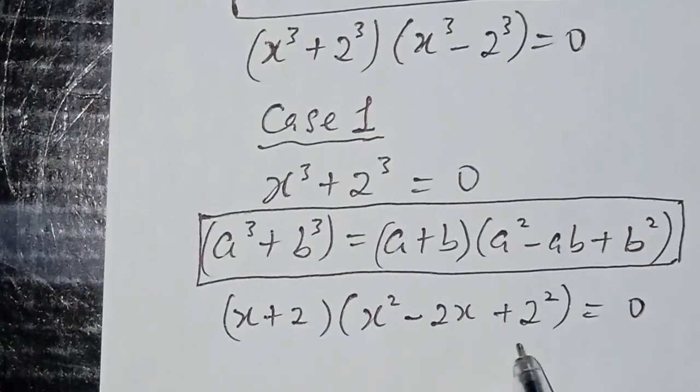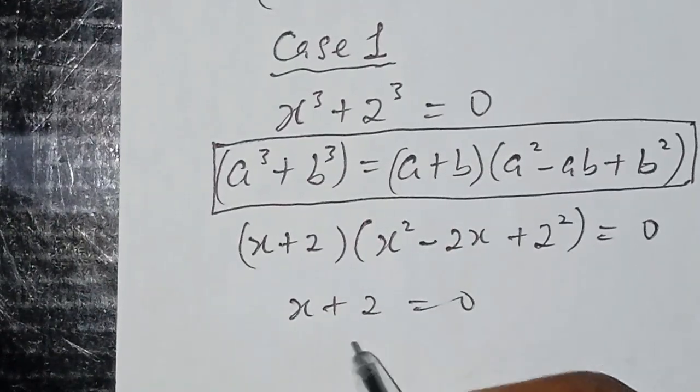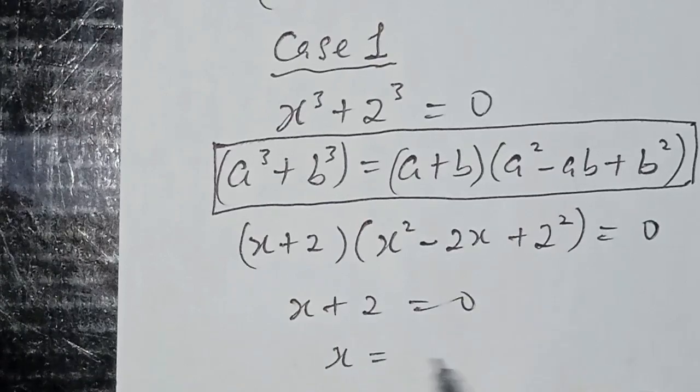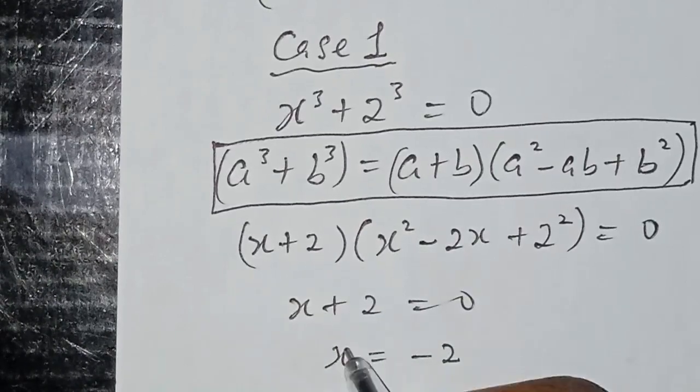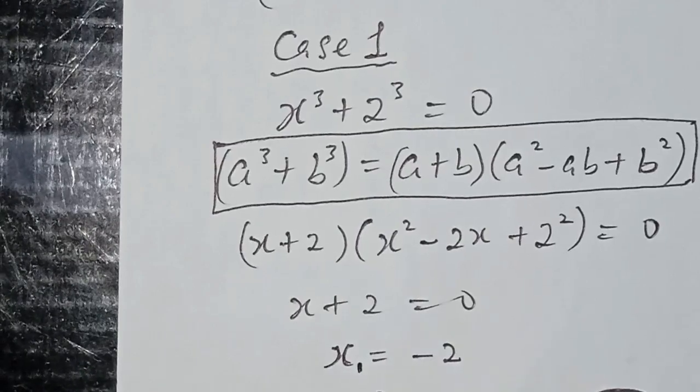So from here, this means that x plus 2 equal to 0. For the first value of x, we have x equal to minus 2. So this is given as x1.